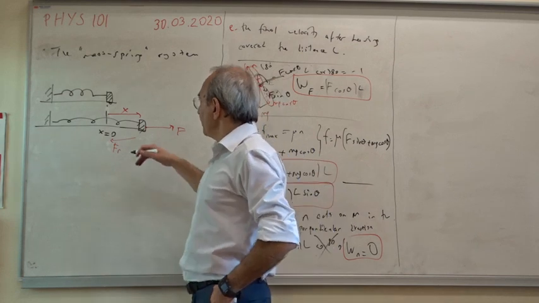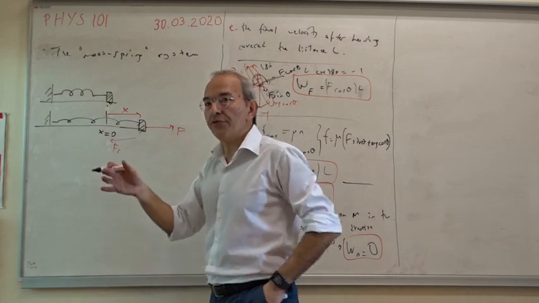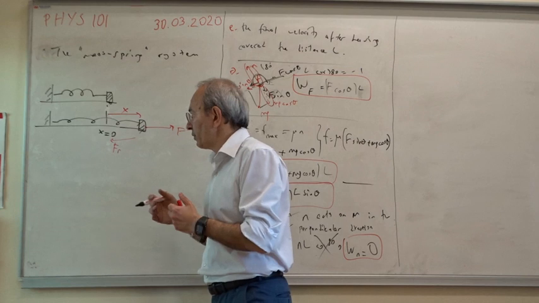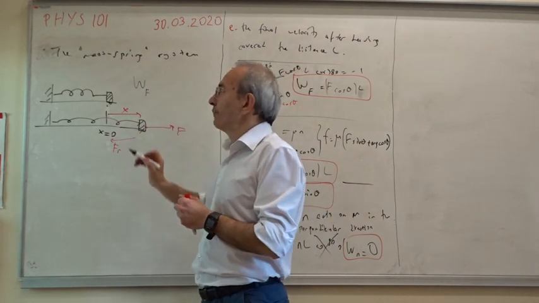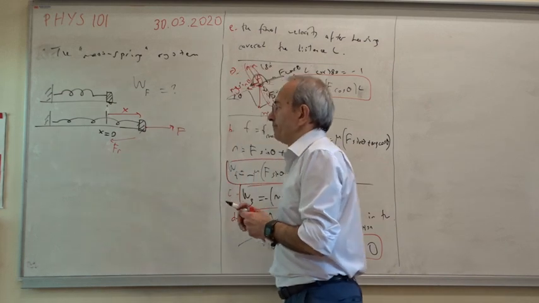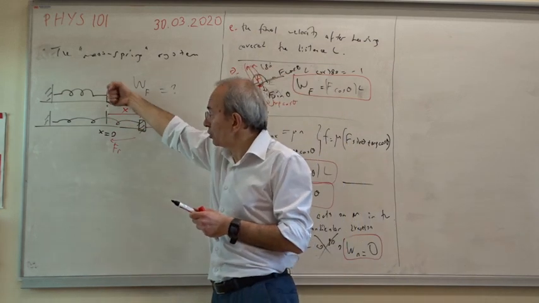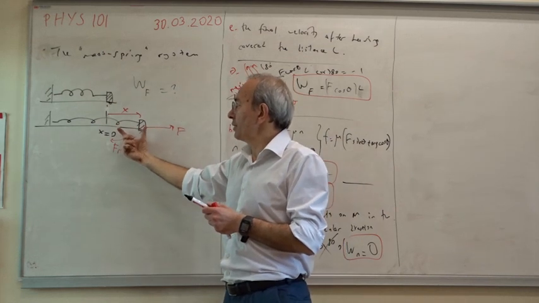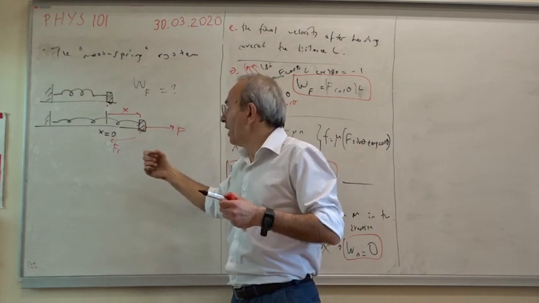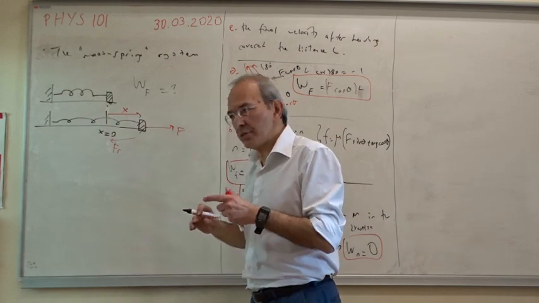So work done by this force can be found, and it is also important in several processes. Work done by the force in a mass spring system from the initial position of 0 to a final position where it is stretched by x, or by compression, doesn't matter, it is the same thing.